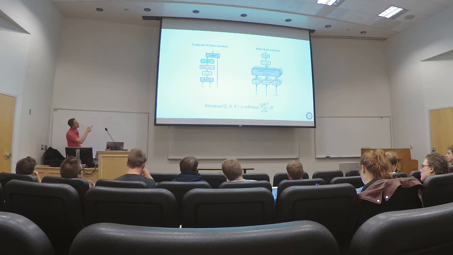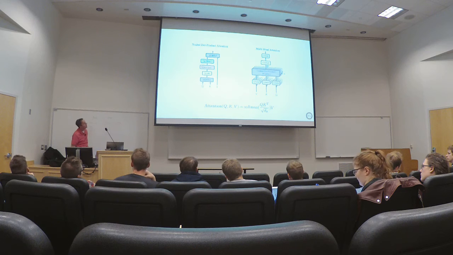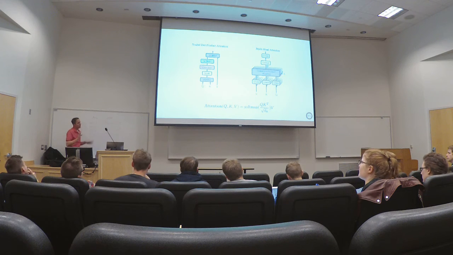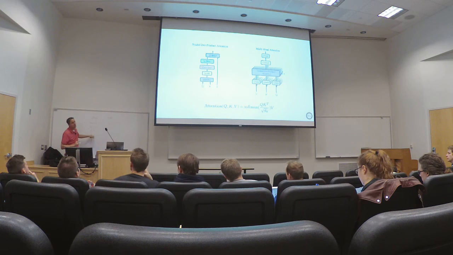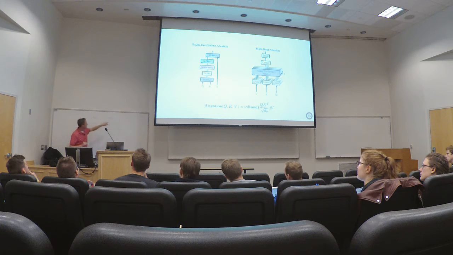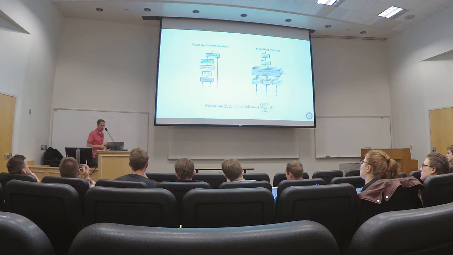So what they're saying is, let's take our query. We're going to take a query vector, and we're going to compare it to each key. That's going to give us some measure of similarity. And so if we find the key that we want, then we'll return the corresponding value. So how are we going to measure similarity?